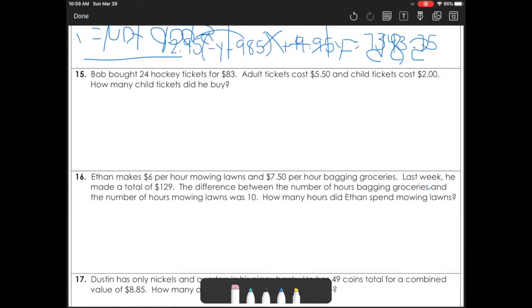Okay. All right, let's go to number 15. 3 more to go. Whew, this is like torture. Bob bought 24 hockey tickets for $83. Adult tickets cost $5.50 and child tickets cost $2. How many child tickets did he buy? All right, so I have 2 types of tickets, adult and kid.